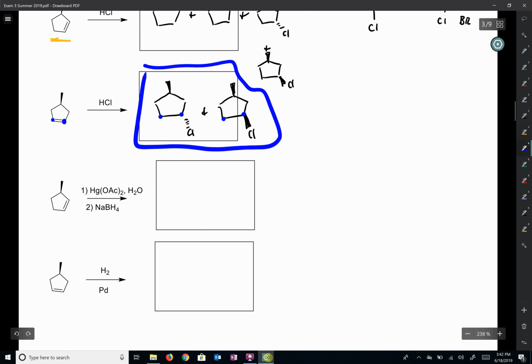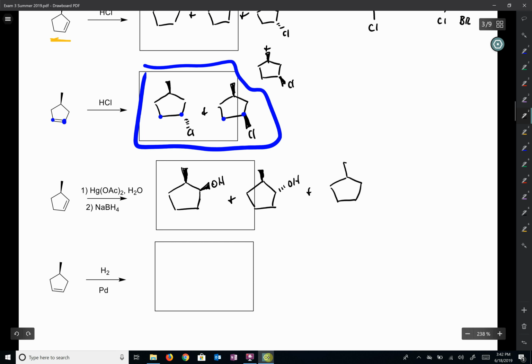Mercury acetate, so we have our oxymercuration, demercuration. So again, we got a series of reactions here. Oxymercuration, demercuration. That means we add an alcohol across a double bond.